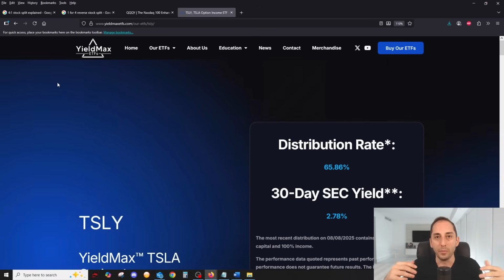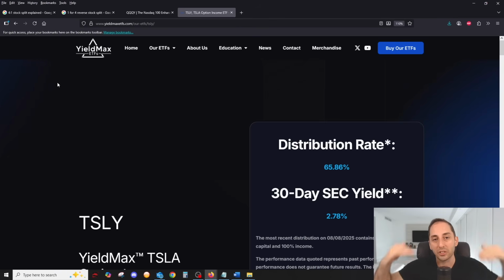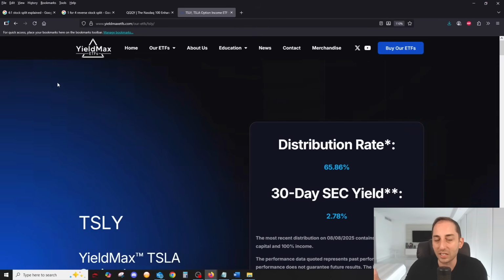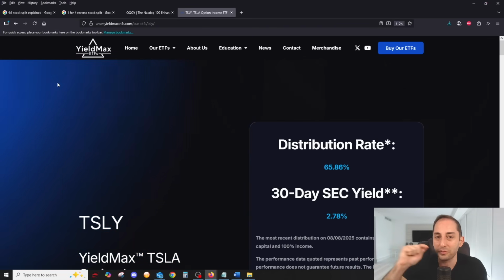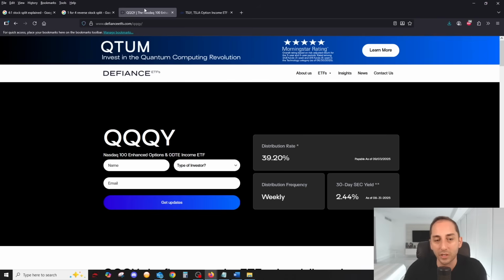The return and the investment value don't change, but now the stock price is higher. So you never have to worry that a very, very high yielding fund is going to go to zero. That could only happen if the underlying assets inside that fund, like Tesla in this case, or the NASDAQ 100 in QQQY's case, go to zero.